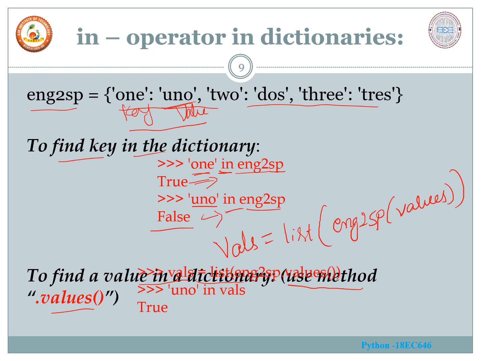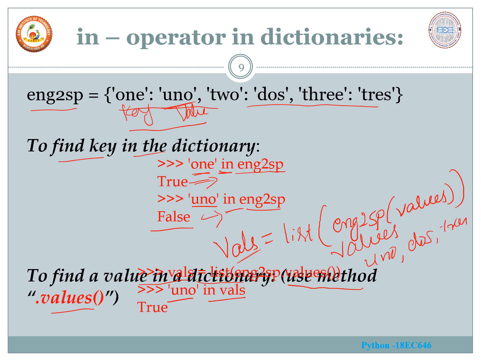And if you try to check whether uno is in vals, since your vals comprises only the values, not the keys, right? If you list it, you will get uno, dos, tres.